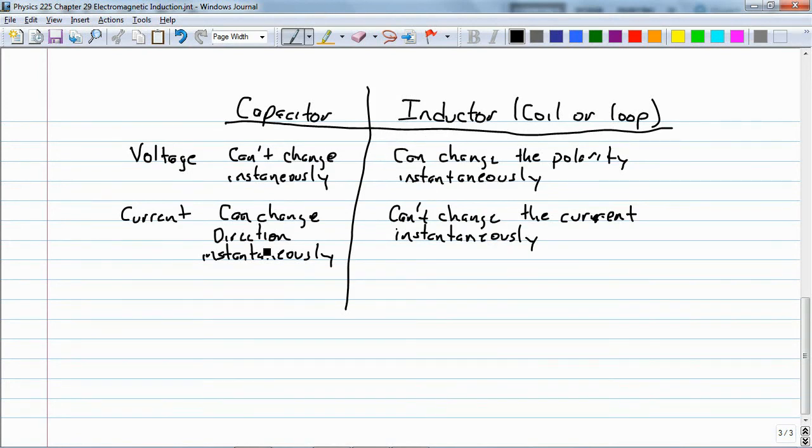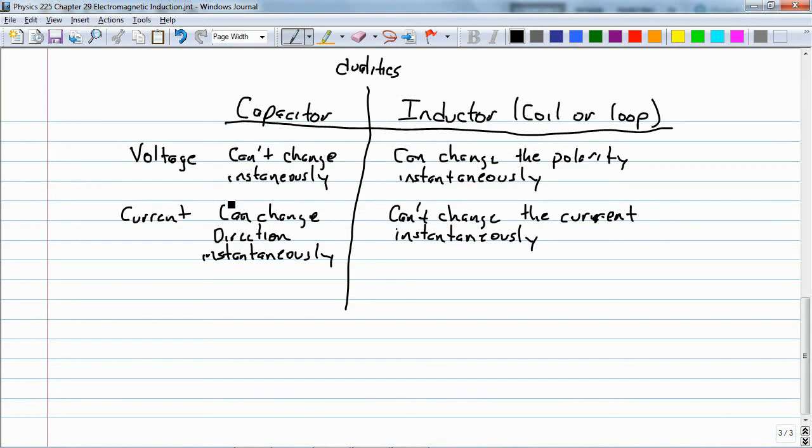And so these relationships make it so that we call the capacitor and the coil dualities. They have similar properties with voltage and current. They just end up being reversed, right?